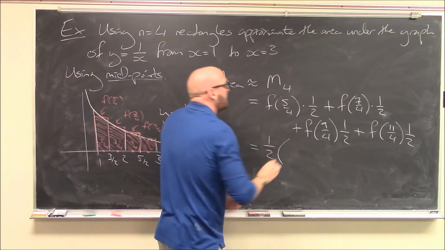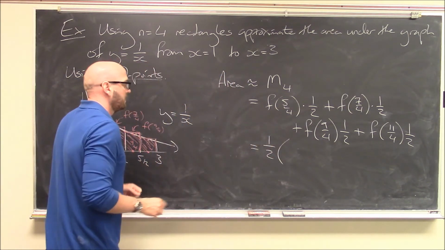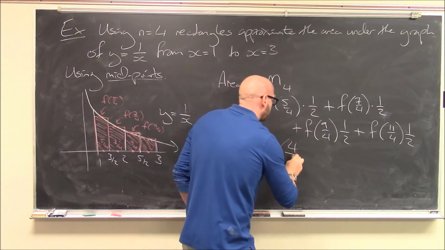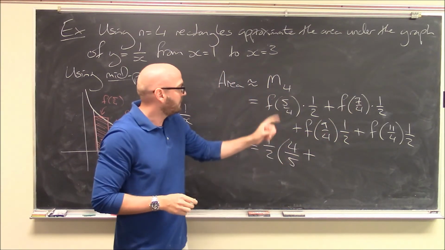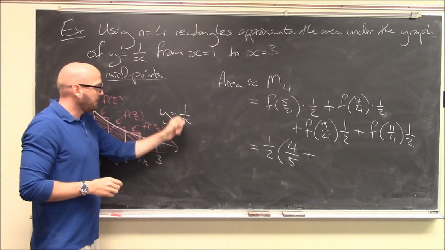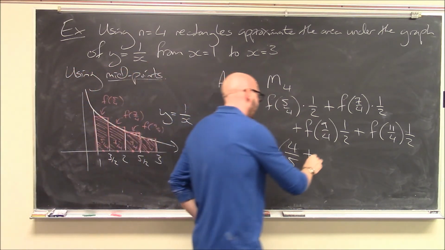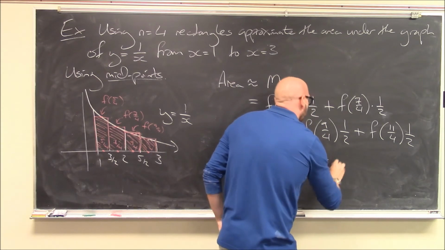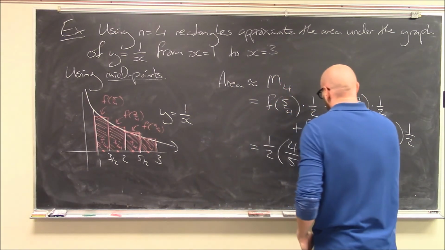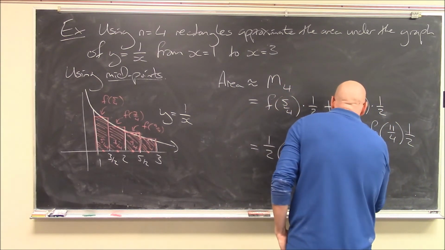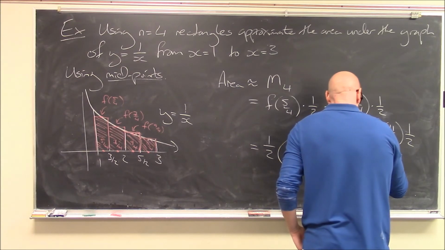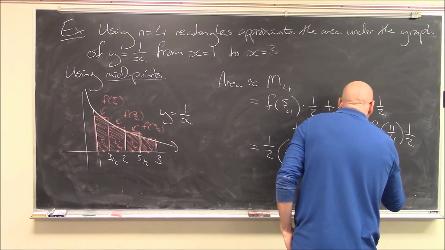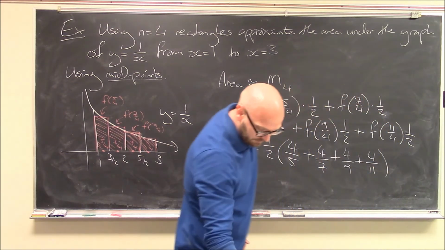So it's 1/2 times f of 5/4, we agree that's 4/5, plus, plug in 7/4. 1 over 7/4 is 4/7. Plus next guy, f of 9/4 is 4/9. And lastly, f of 11/4 is 4/11.